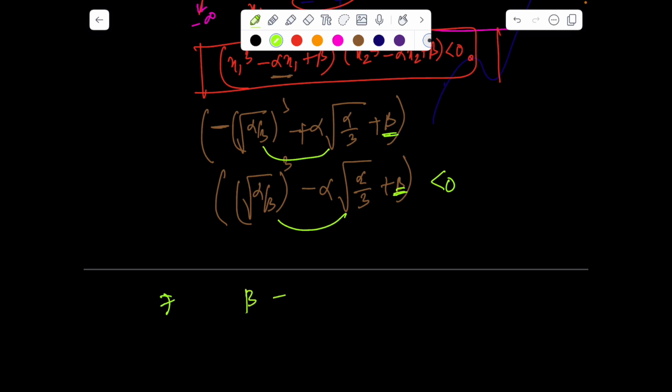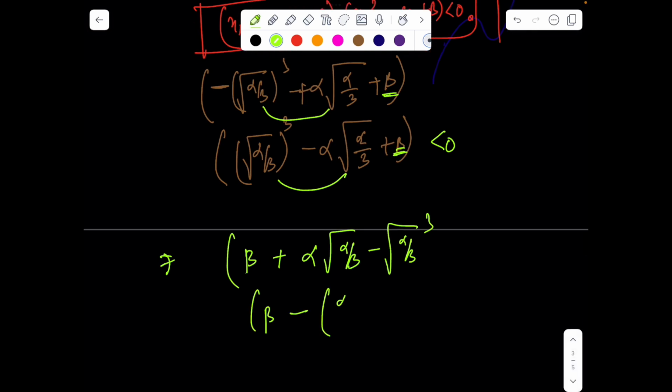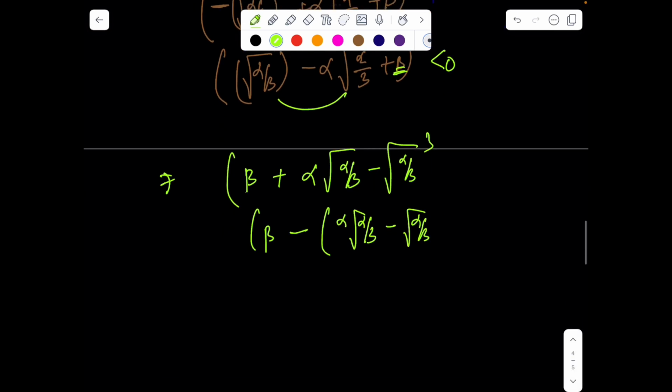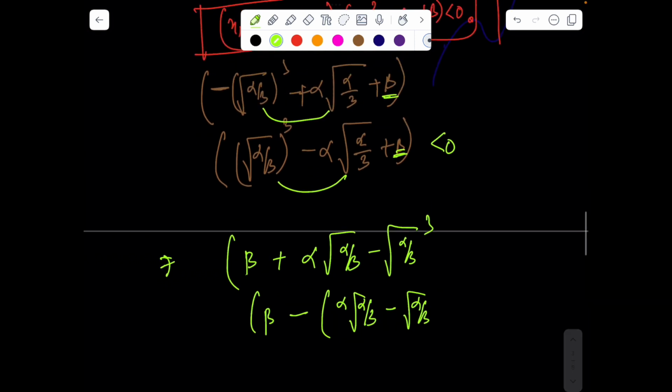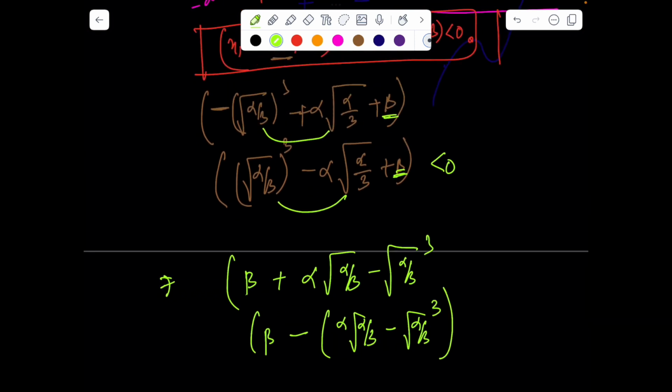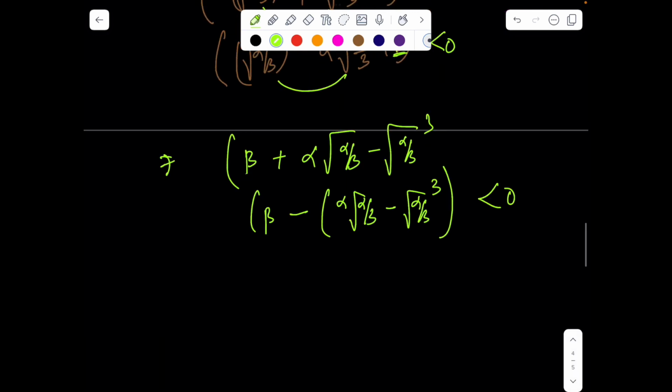So if I take beta plus alpha root alpha by 3 minus root alpha by 3 whole cube, into beta minus alpha root alpha by 3 and minus root alpha by 3 whole cube, we can write it like this. And this would be less than 0.